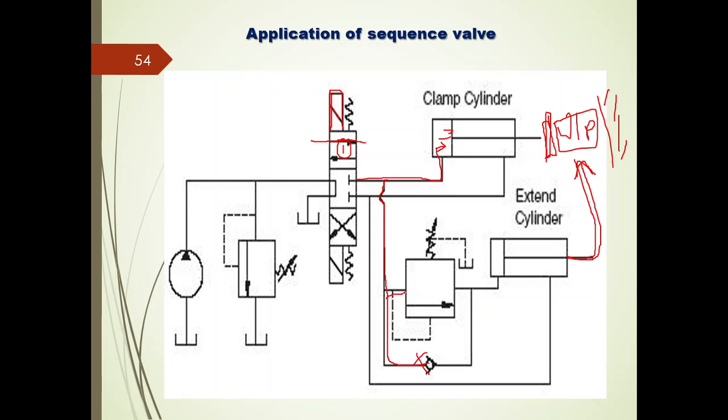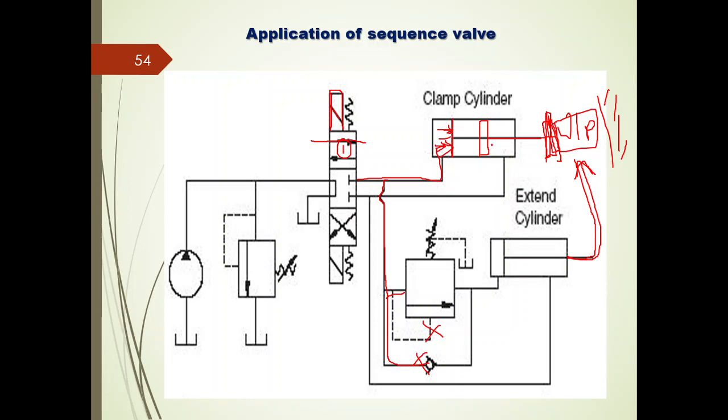Here it will be acting, but because of the lower pressure this valve will not open, right? So now the only option is the hydraulic fluid has to apply the force or pressure on this piston until the workpiece is rigidly held here, right? So the piston will be moved in the forward direction until the workpiece is rigidly held here, right?